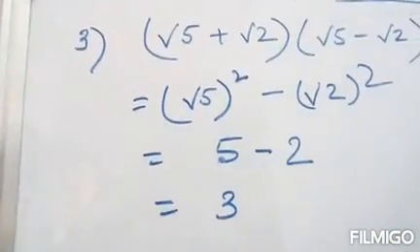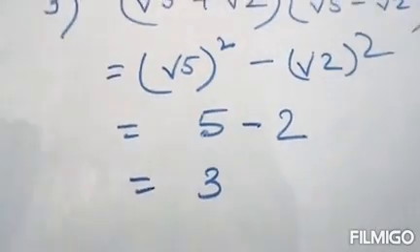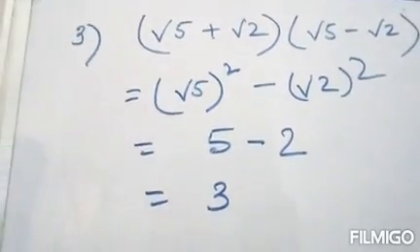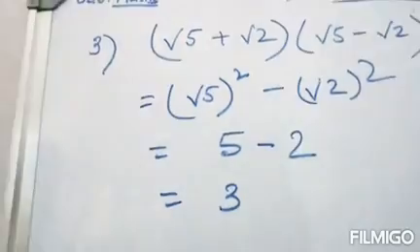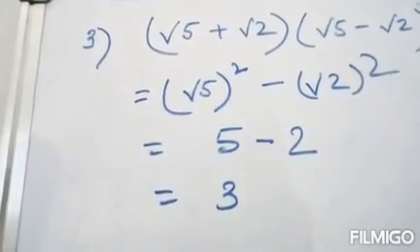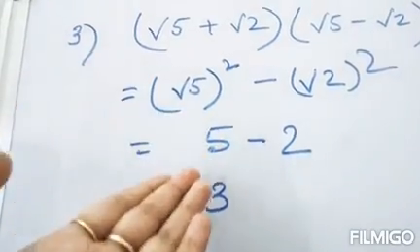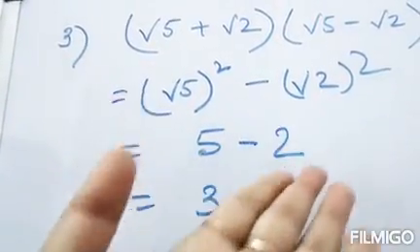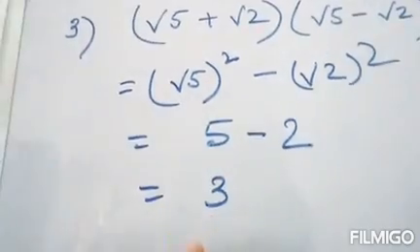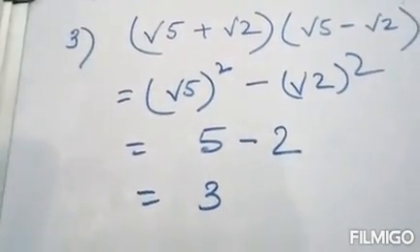The square of any root number is the number itself, the original number without the root. Okay, that will be the answer. So root 5 whole square means 5 and root 2 whole square means 2. So 5 minus 2 is 3. This is the answer.